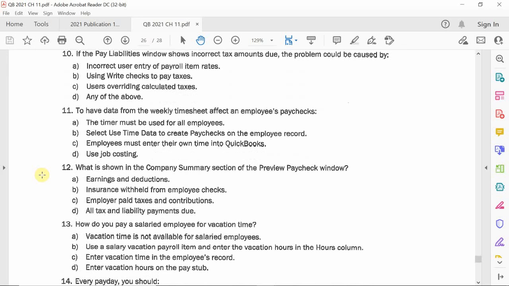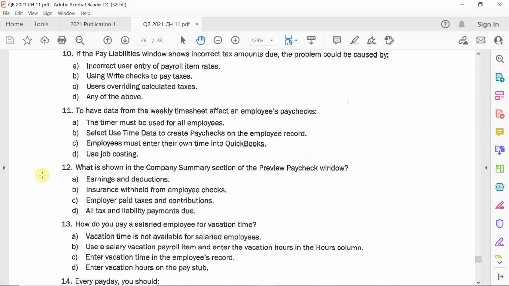Okay. Number 12, what is shown in the company summary section of the preview paycheck window? So once again, this is kind of detailed information. D as in David. C is correct.